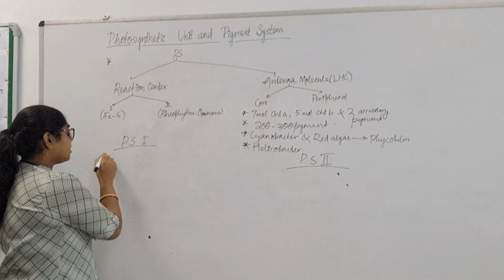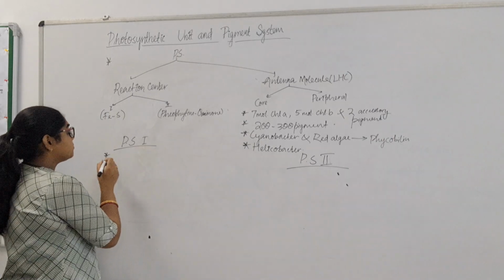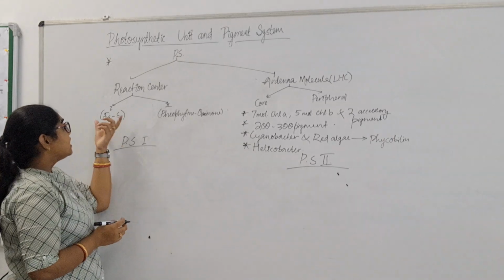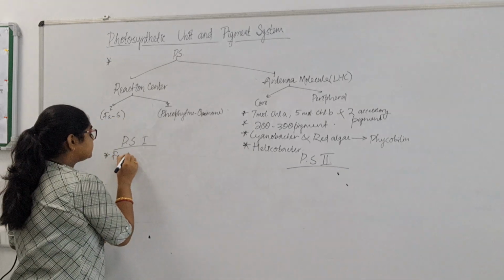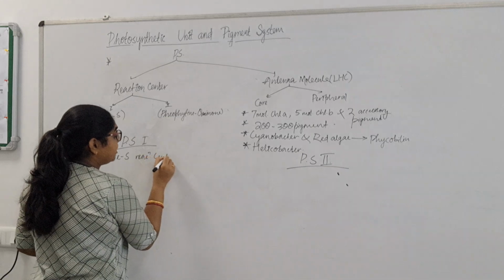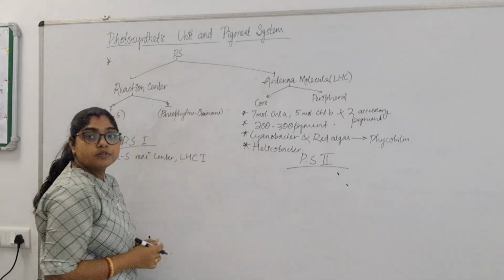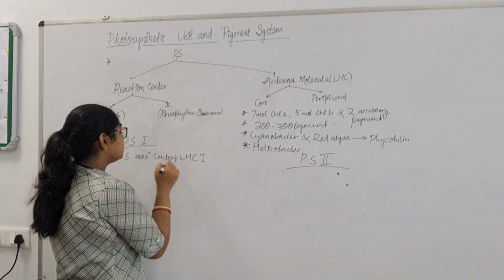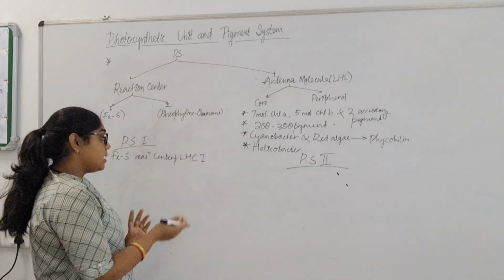As we know, it is a protein-pigment complex, and pigment system 1 contains an iron-sulfur (FeS) type of reaction center with light harvesting complex 1.